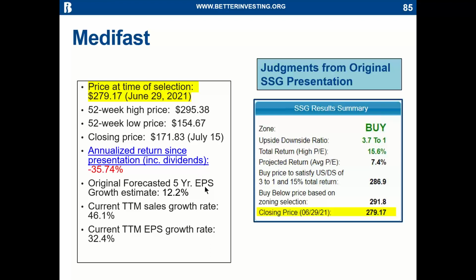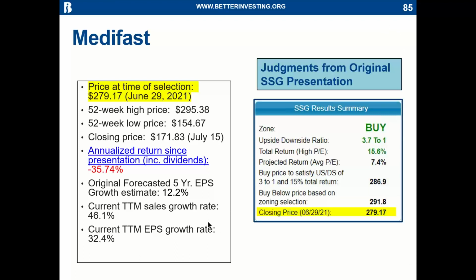So the annualized return since that presentation, they were down 35.74%. The original forecasted 5-year earnings per share growth estimate was 12.2%. The current trailing 12-month sales growth rate was 46.1%, and the current trailing 12-month earnings per share growth rate was 32.4%.